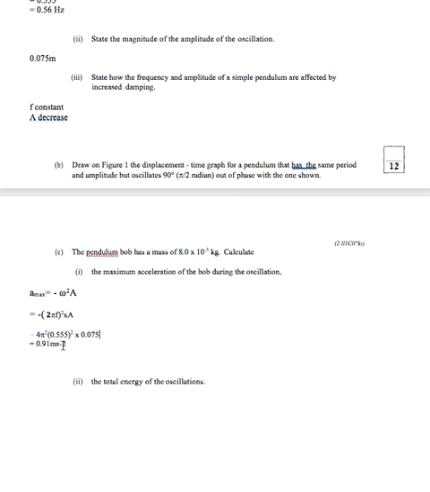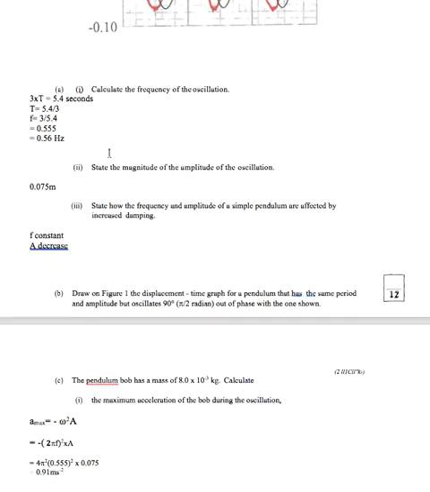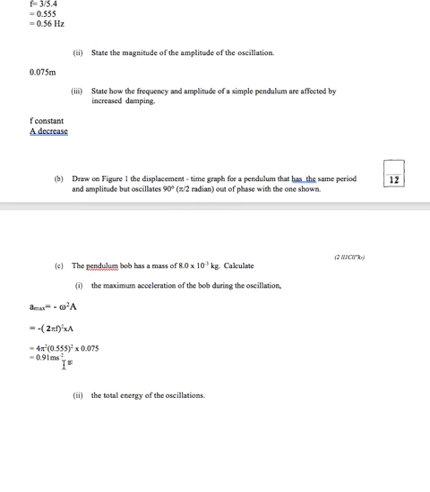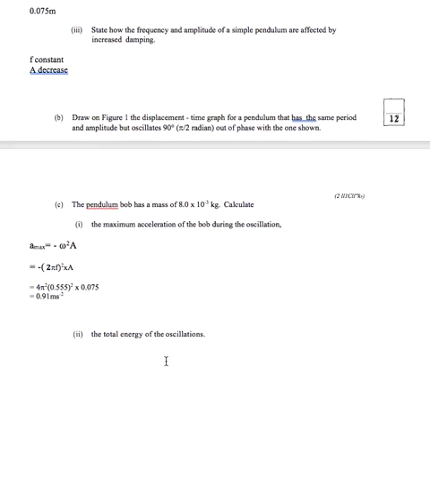And we'll get 0.91. Notice that I'm using more sig figs here. When we worked out the frequency 0.555, I'm using that in there rather than 0.56. So I'm not rounding to sig figs until the very end of my calculation.